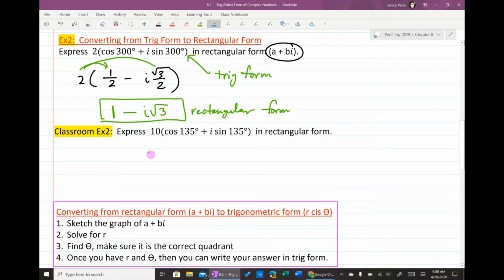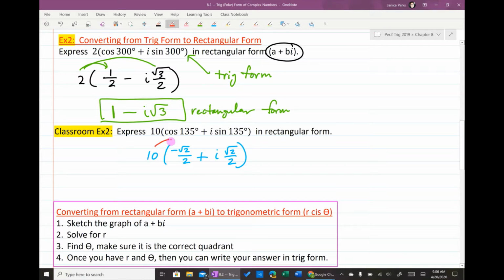All right, so for the next one, we have 10. This is again in trig form. Cosine of 135 is negative radical 2 over 2, plus i sine, so this is positive radical 2 over 2.